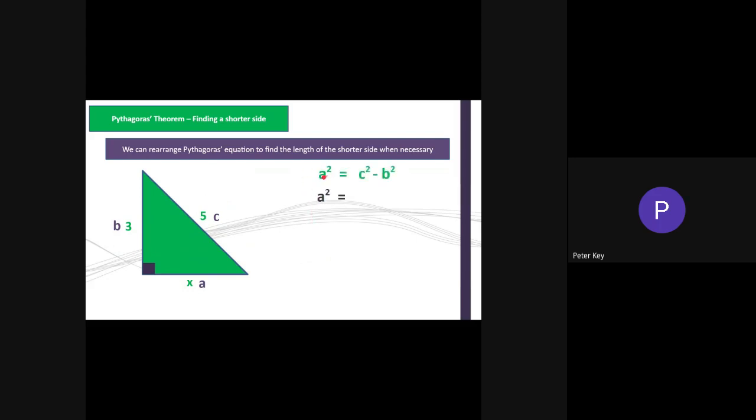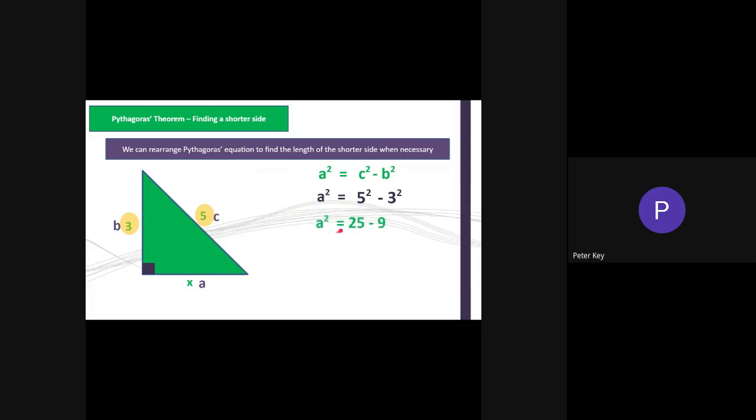So this is the new formula. A squared equals c squared take away b squared. So my a squared is c squared, so that's 5 squared, take away 3 squared. My 5 times 5 is 25. 3 times 3 is 9.